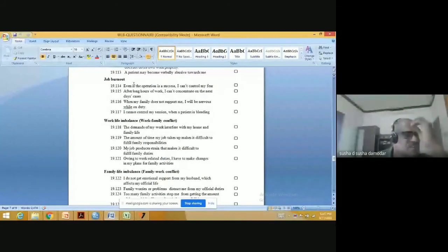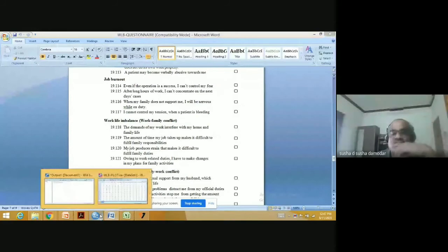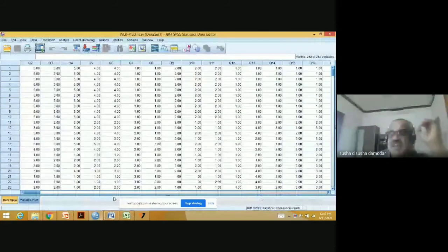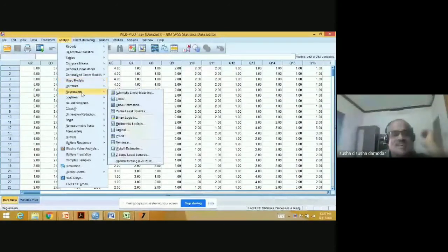So for that purpose, the appropriate statistical method here is regression. See how to apply regression. In SPSS, we enter all the data, then create variables, and in SPSS we have the Analyze menu, Regression, Linear Regression.